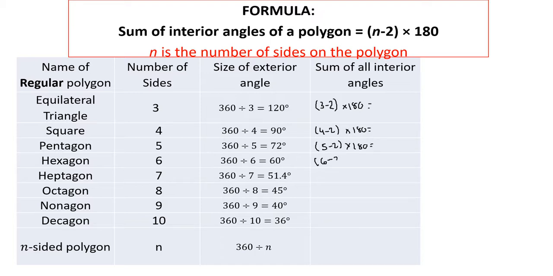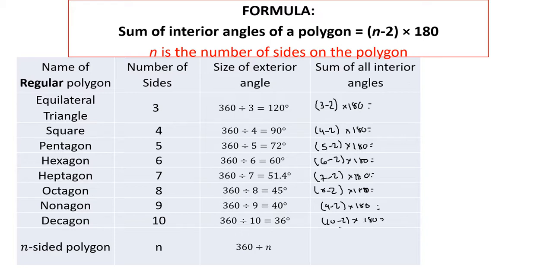We've got 6 take away 2 multiplied by 180. 7 take away 2 multiplied by 180 for our heptagon. 8 take away 2 times by 180 for our octagon, 9 take away 2 for our nonagon, and 10 take away 2 for our decagon. Obviously all of these are times by 180.